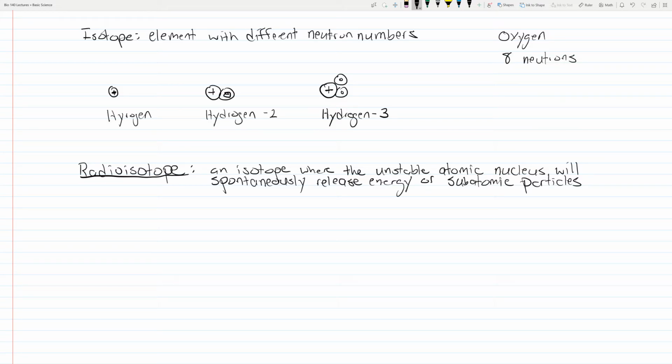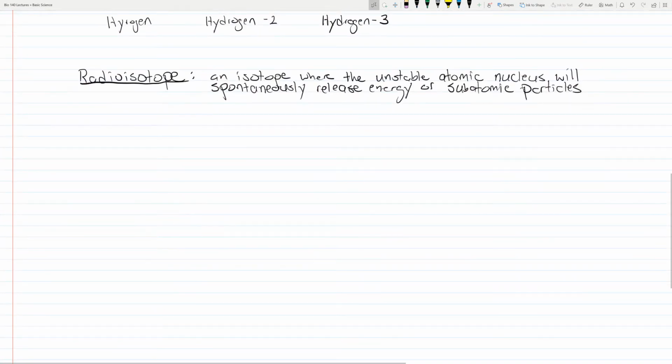Okay, so now we've dealt with the nuclear components. Now we're going to talk about the electrons, and this is where we get a little bit complicated. The easiest way to determine how many electrons an element has is to realize that the electron count will typically equal the proton count.